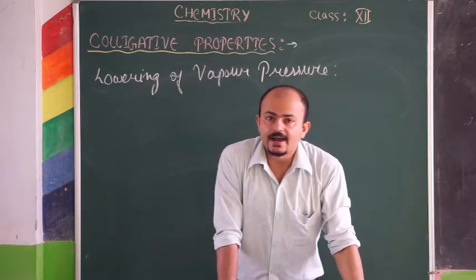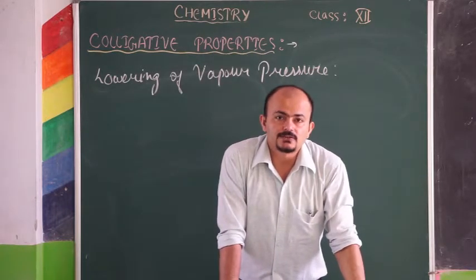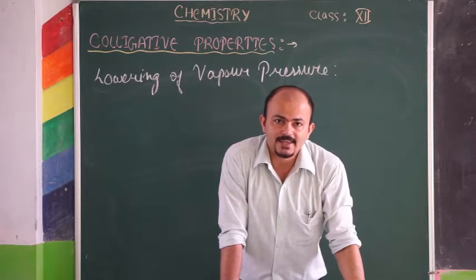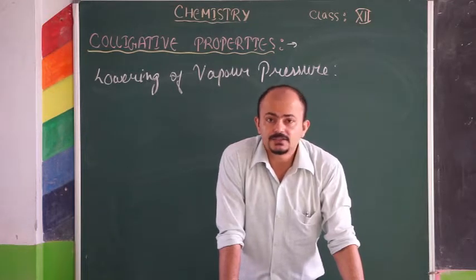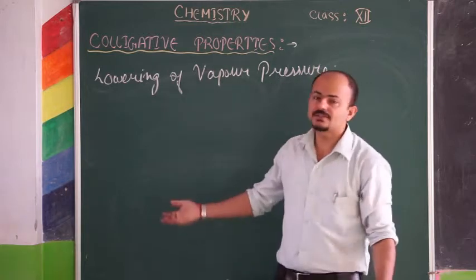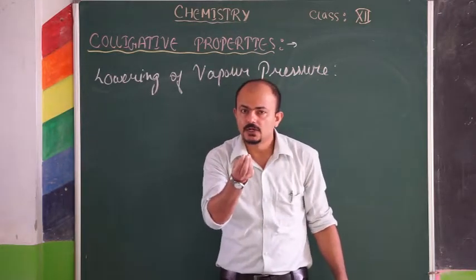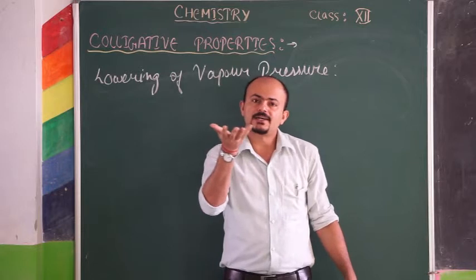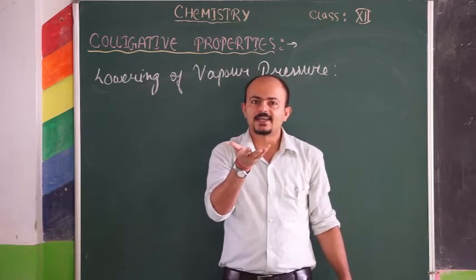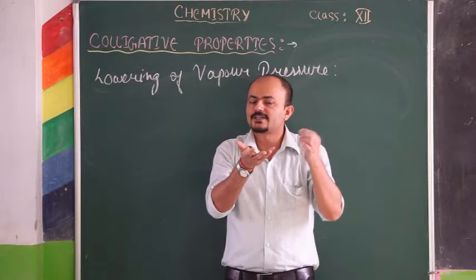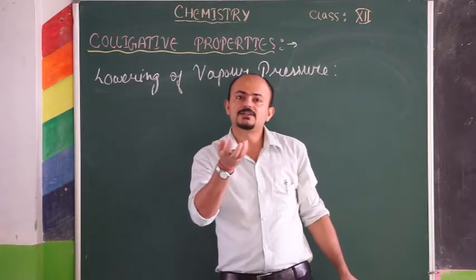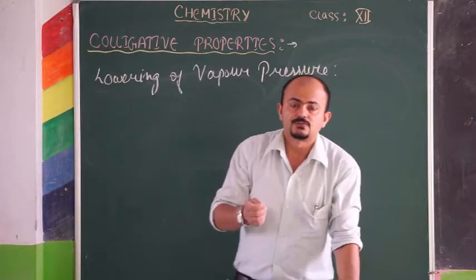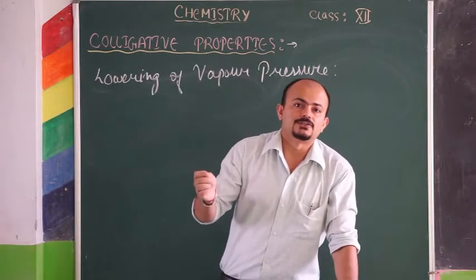Whenever we add a non-volatile solute to a solvent, the vapor pressure is lowered by the addition of this non-volatile solute. Why? Because these non-volatile solute molecules occupy some of the surface area, and since they do not go into the vapor phase, they hinder the evaporation of the solvent molecules.